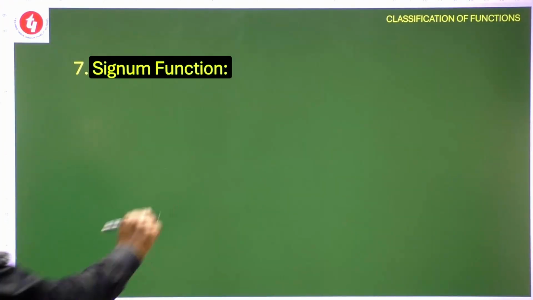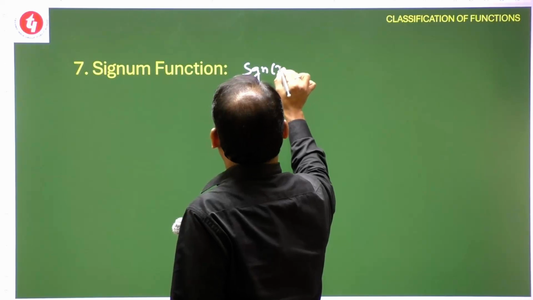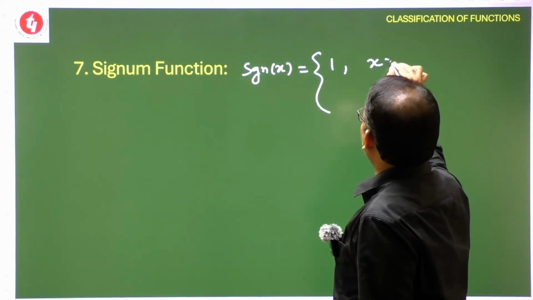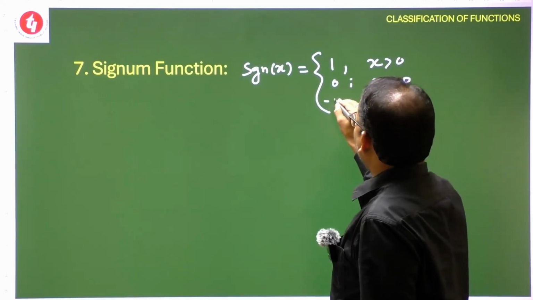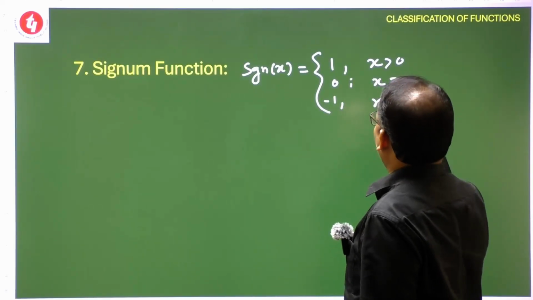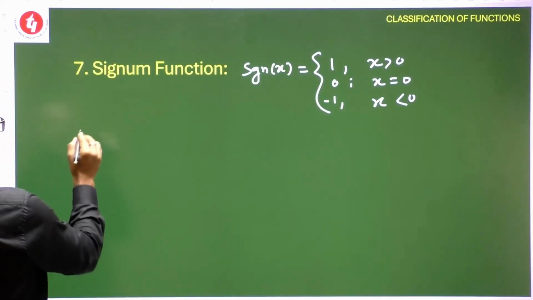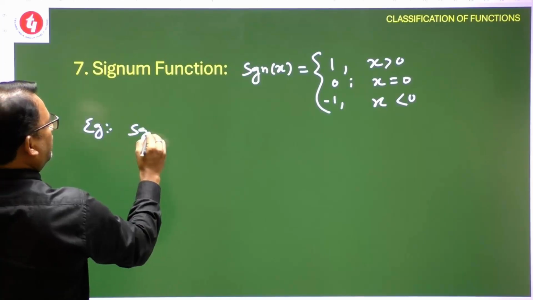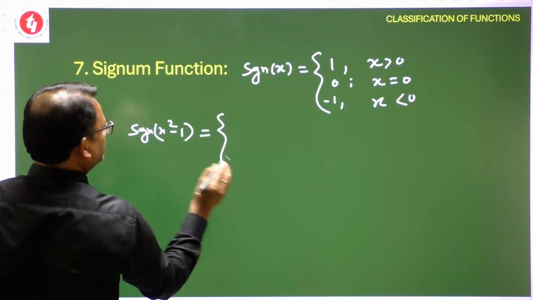Coming to the signum function, it is defined as sgn x, which is equal to 1 if your input is positive, equal to 0 if your input is 0, and equal to minus 1 if your input is negative. Now if you are going to calculate, for example, signum of x square minus 1, what are you getting?